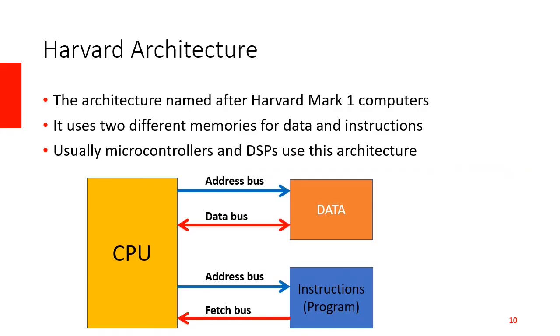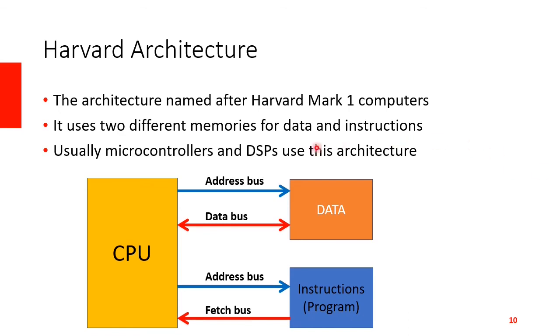Then in parallel to von Neumann architecture, there's another leading architecture called Harvard architecture. In fact, this architecture was named after a computer series called Harvard Mark I computers, because in those computers, Harvard architecture was first used.